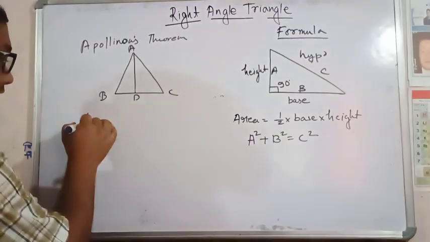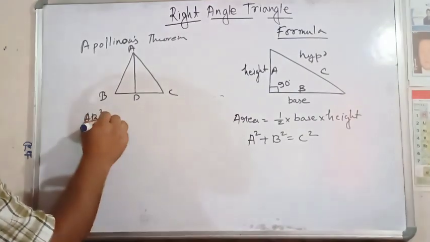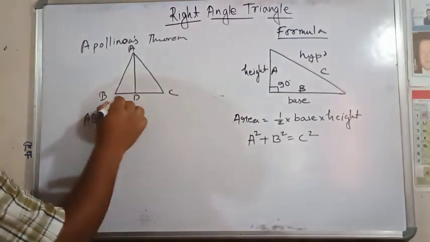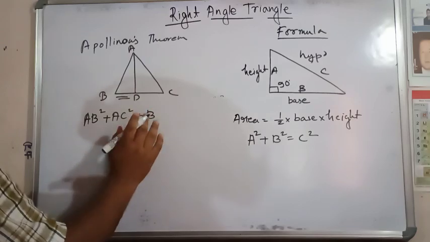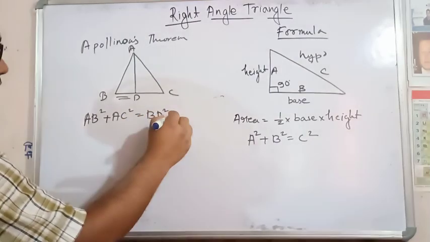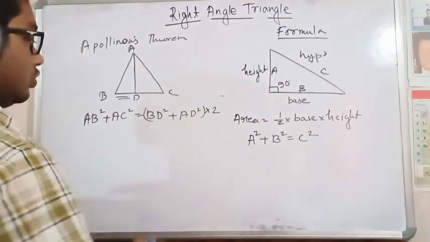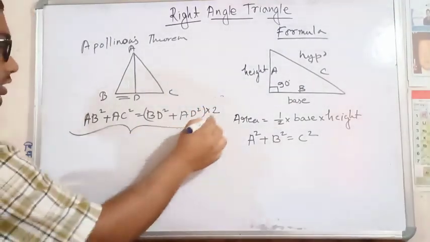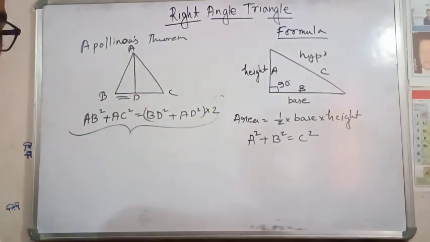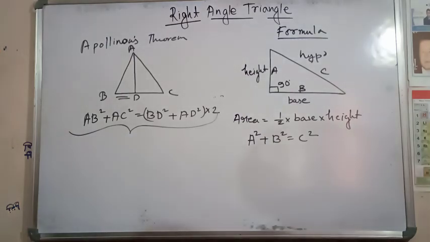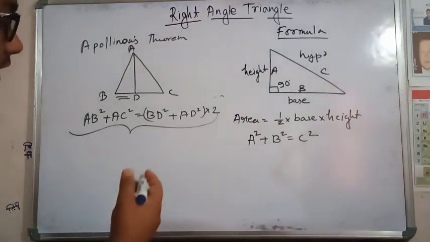Then we can say AB squared plus AC squared is equal to 2 into (BD squared plus AD squared). It is a formula you must remember to solve those kinds of examples.